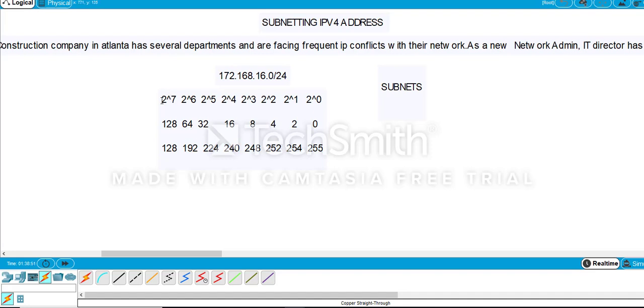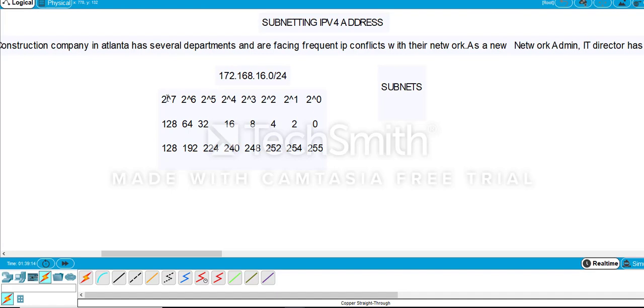Okay, so these are called the network bits, and this is called the magic number. The one in the middle is called the magic number. These are called the bit positions. So that is bit 1 2 3 4 5 6 7 8.